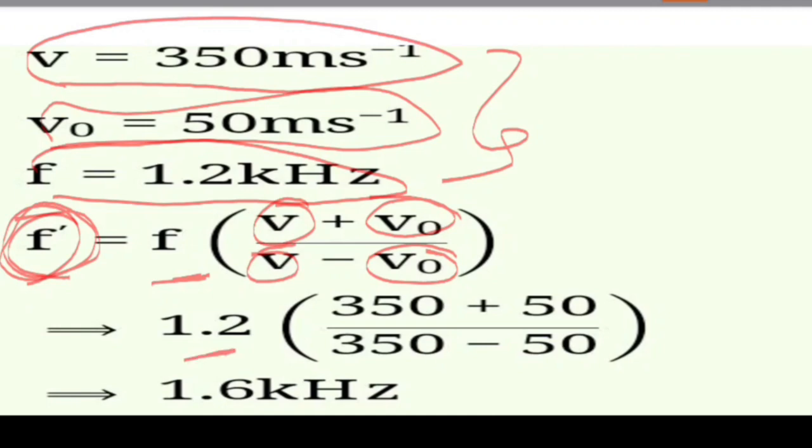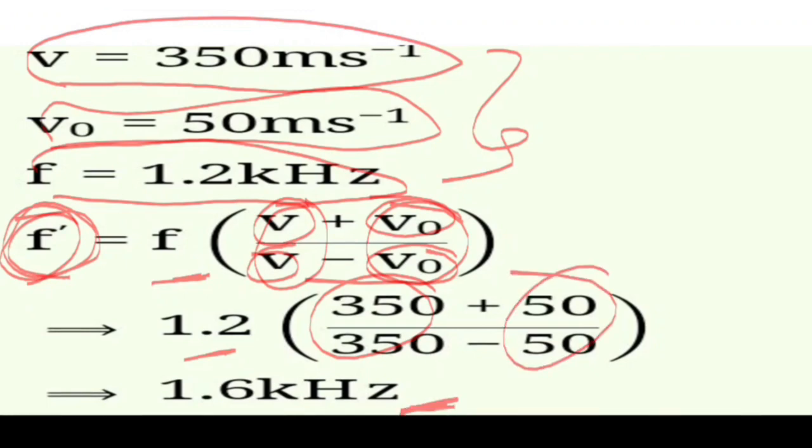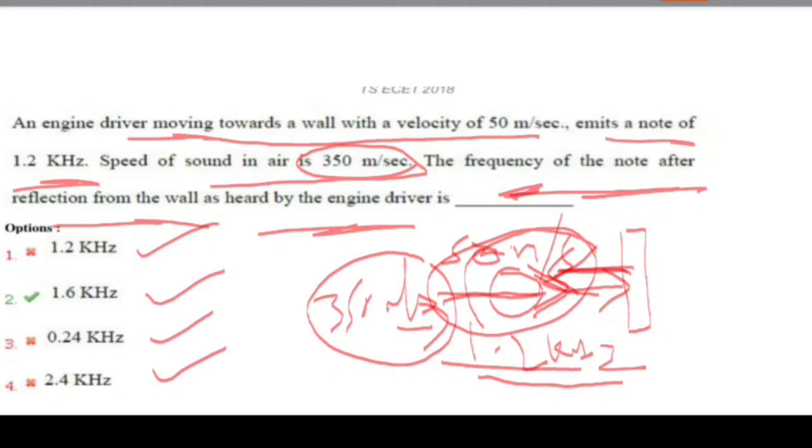So 1.2 into (350 plus 50) by (350 minus 50). The answer we get is 1.6 kilohertz. So the frequency of this reflected note is 1.6 kilohertz.